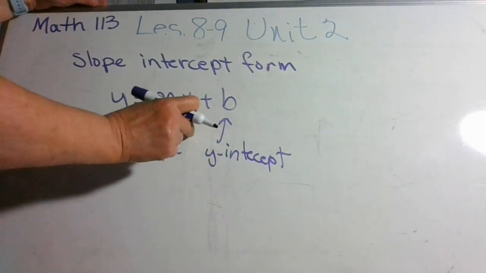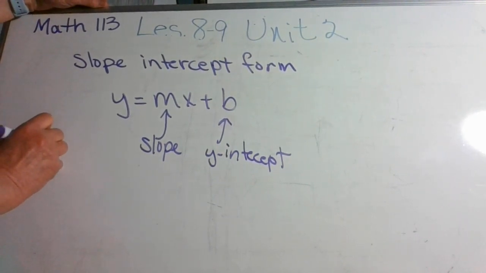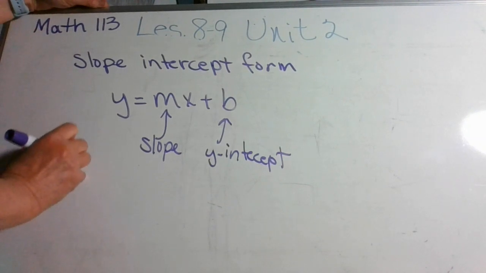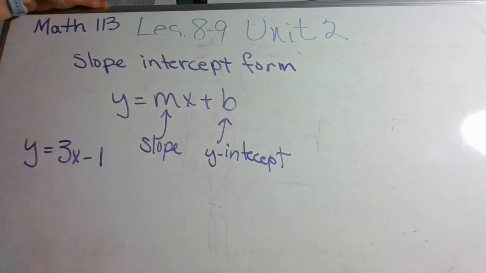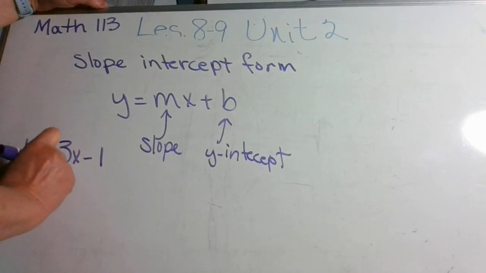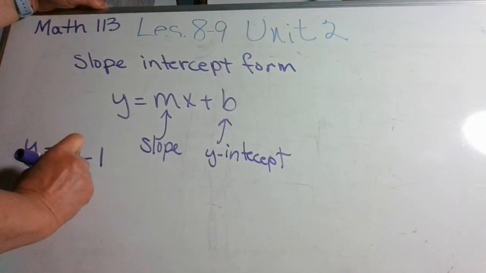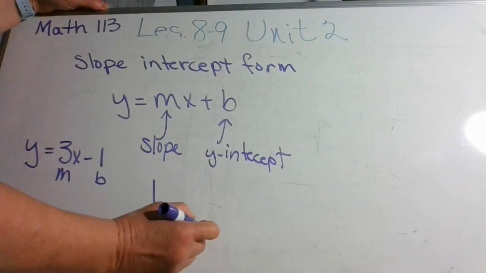So, knowing this, if I want to graph, let's say y equals 3x subtract 1, I believe this is example 1 on page 22. Looking here, this is M and this is B. So I have my graph.